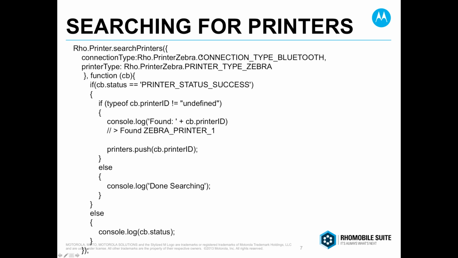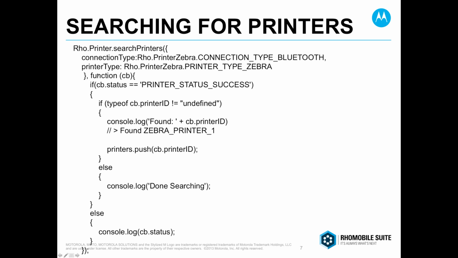We're giving it the connection type as RhoPrinter Zebra, connection type Bluetooth, so it's only going to search for Bluetooth printers. We're saying that the printer type itself, beyond the connection type, is printer type Zebra. Being more specific allows the search to happen faster.